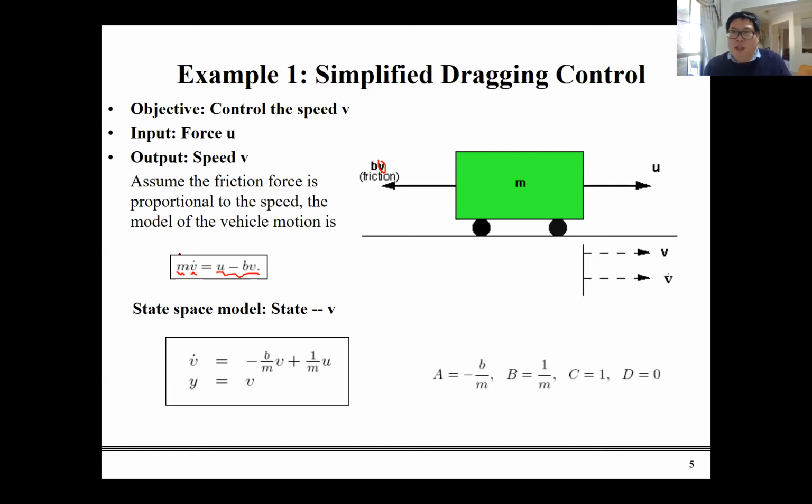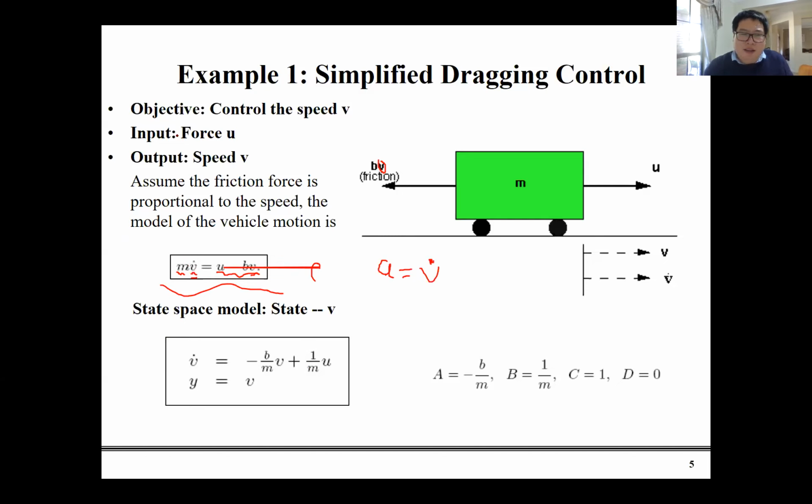As we know, the acceleration is the derivative of the speed with respect to time, so the acceleration is equal to v dot. Then we can write v dot here. So this is the physical formulation of the system from Newton's second law.